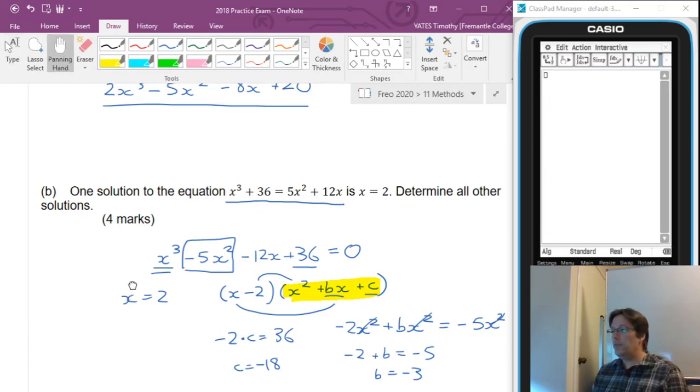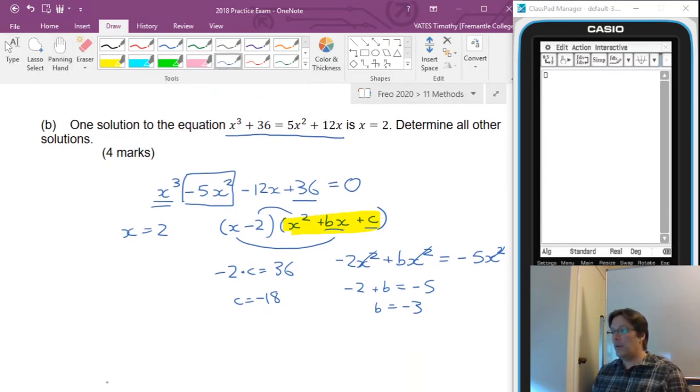So we know that what we end up with is x take 2, x squared take 3x take 18. So we want to think what two numbers multiply to -18 but add to -3.